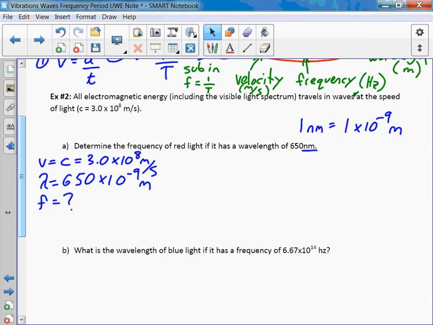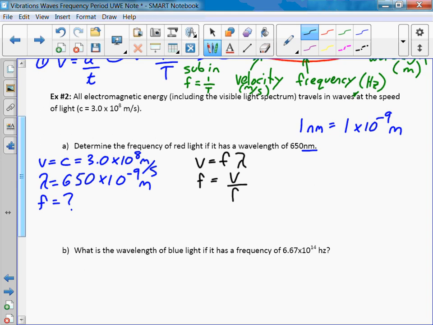So let's plug in the values. If we rearrange this, we can just bring the wavelength variable down below the v, and plug in the values that we know.